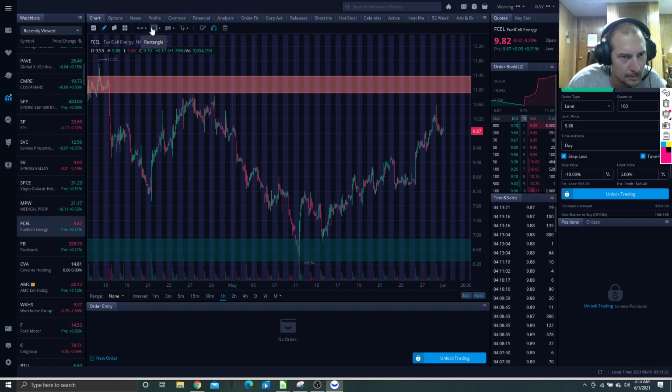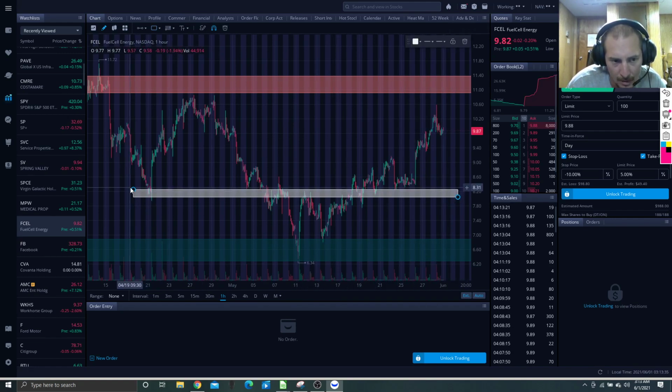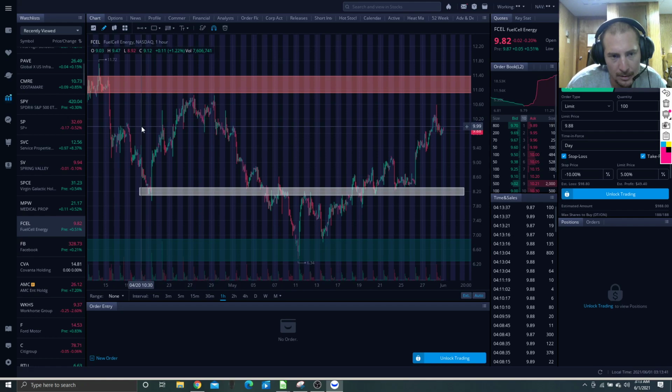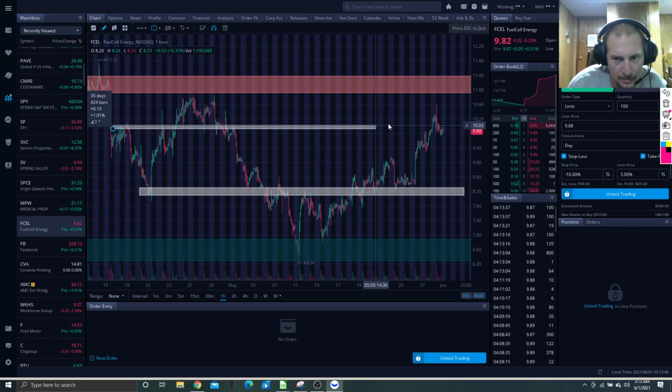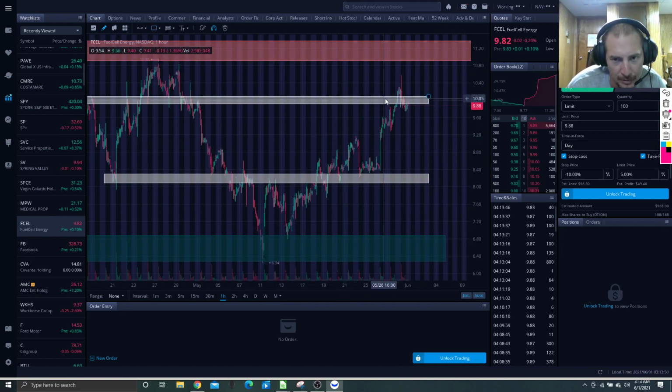Here's one. If you notice, we've got a pivot here, pivot there, and that looks like a good price zone. Here's a couple of pivots here. It's a good price zone. Cool. I think that looks pretty good.